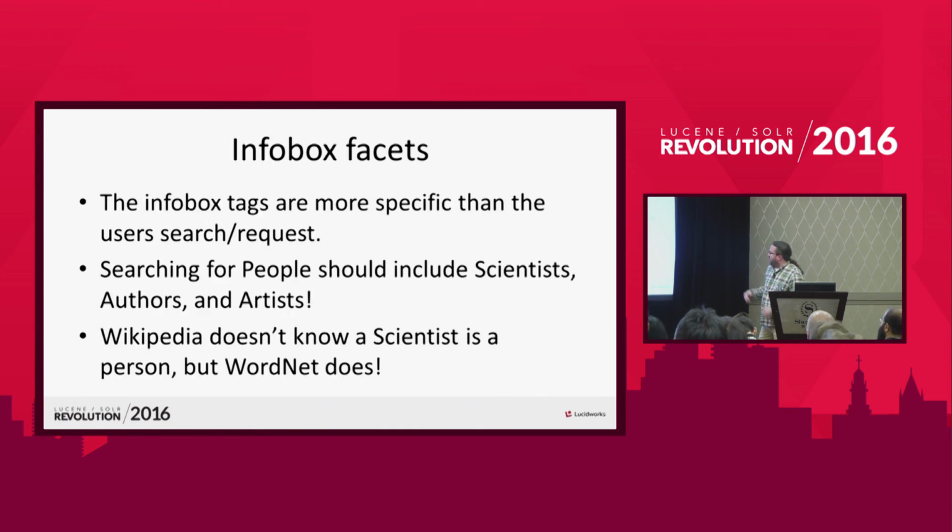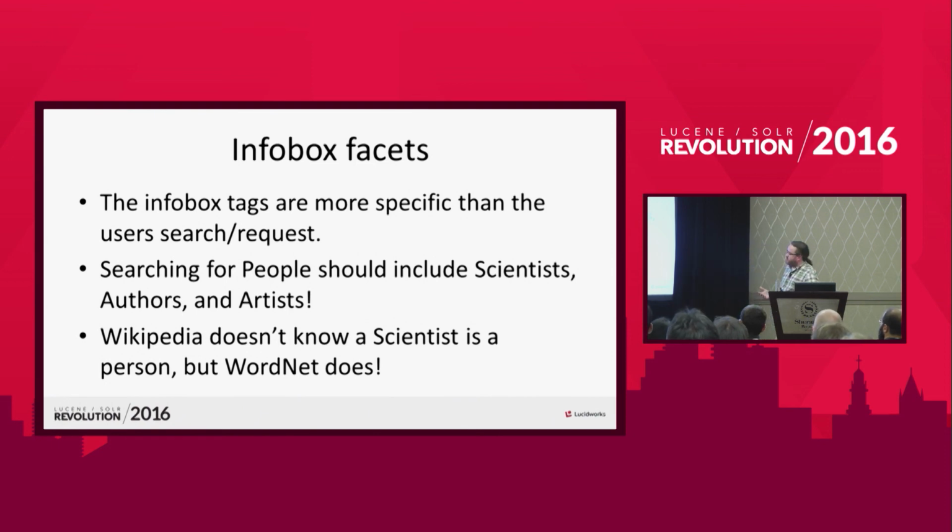And it's kind of nice, but the tagging of these info boxes is actually more specific than what the user is searching for, right? So if I'm searching for, show me all the pages that are about people, I would have to actually know, is a scientist a person? Is an author a person, right?